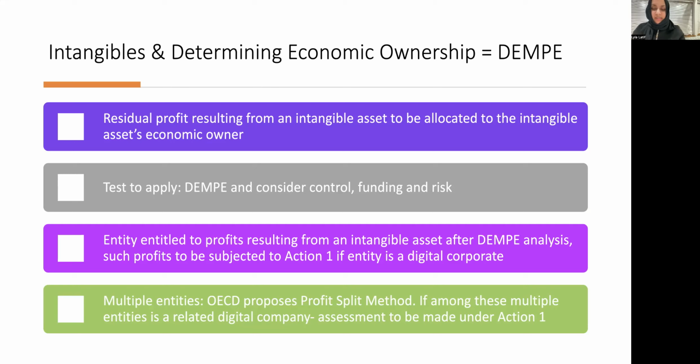To determine whether an entity has economic ownership of an intangible asset, and I focus on intangible assets because action 1 relates to intangible assets, the OECD transfer pricing guidelines prescribe that it should be delineated whether an entity performs the so-called DEMPE functions, which you discussed.